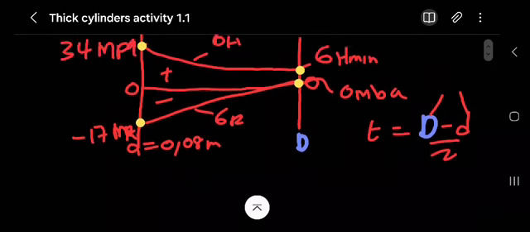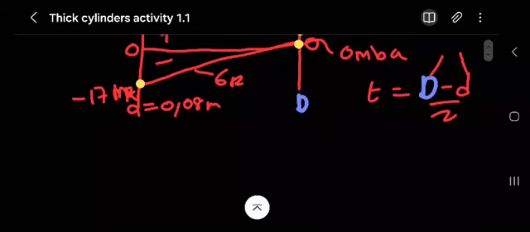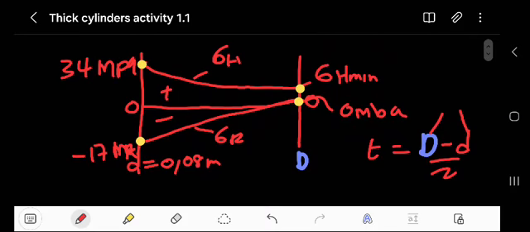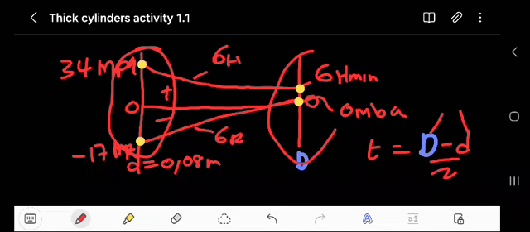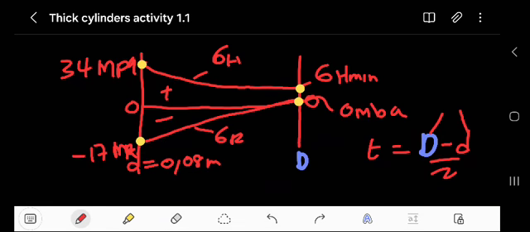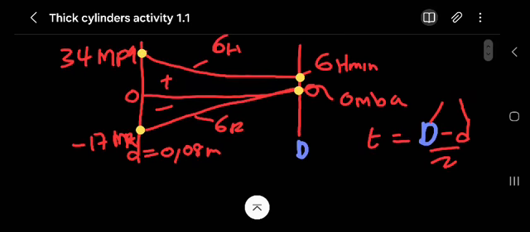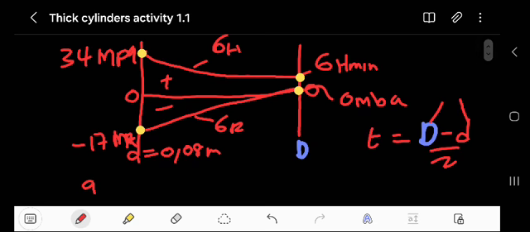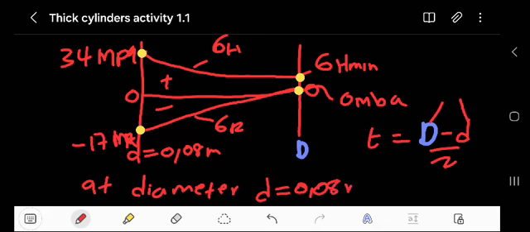Because these vertical lines represent diameters, we can use what we are given. At the small diameter, d is equal to 0.08 meter.